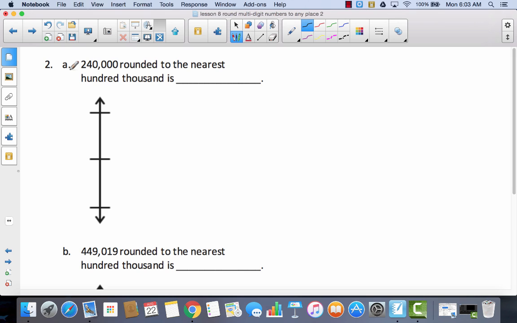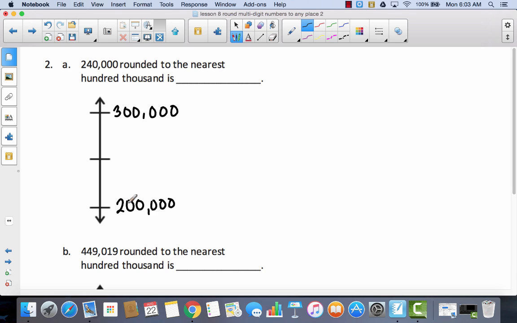So if I've got 240,000 and we're rounding to the nearest 100,000, how many 100,000s are in this number? Well, there are 200,000s. So we're going to put 200,000. And what would be one more 100,000? Well, one more would be 300,000.